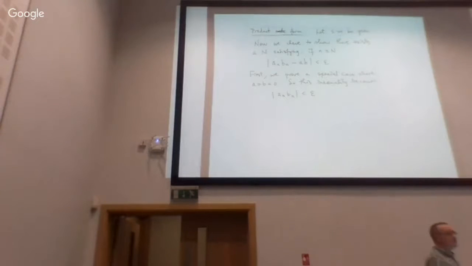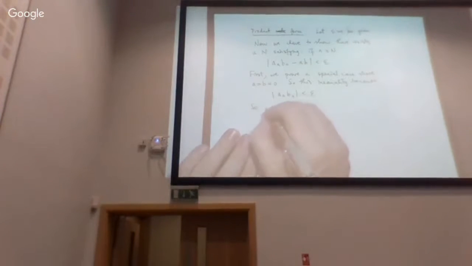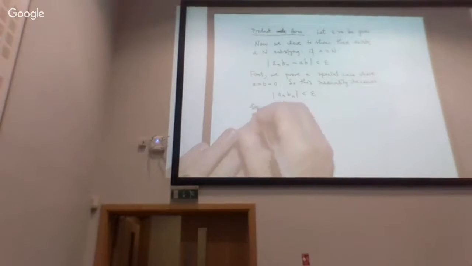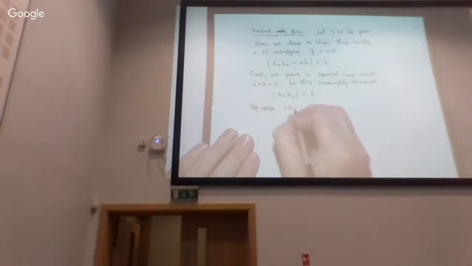And this makes life a lot easier. Notice that the absolute value of a_n b_n is equal to the absolute value of a_n times the absolute value of b_n.